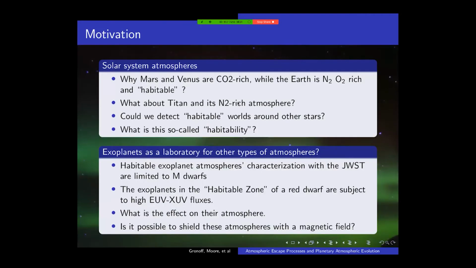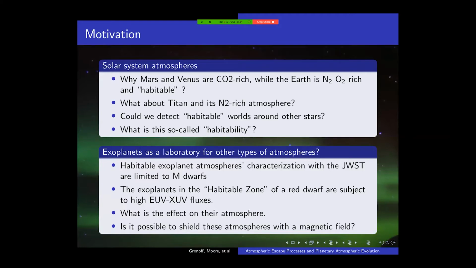Okay, so the motivation: we want to speak about atmospheres, both in the solar system and in exoplanets. And one of the big questions for NASA is habitability. Can we detect habitable worlds around other stars?